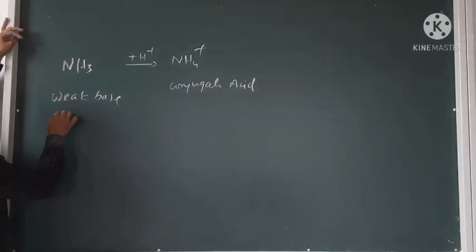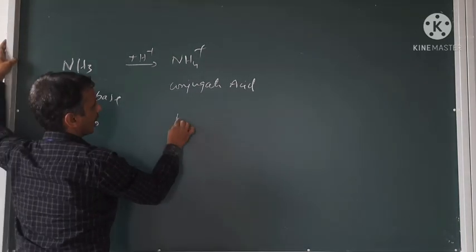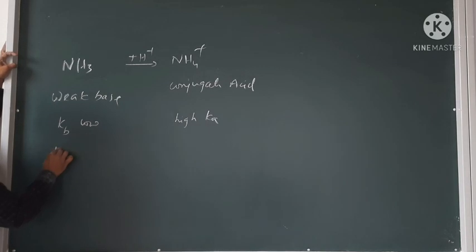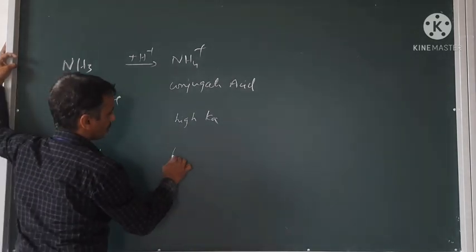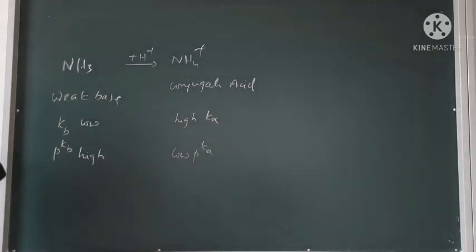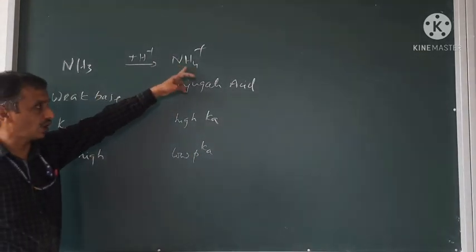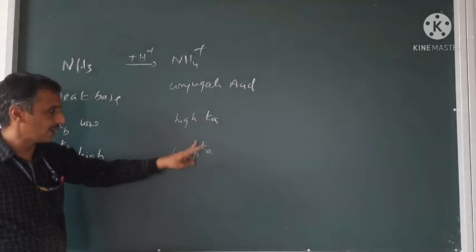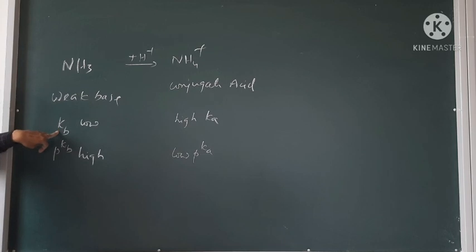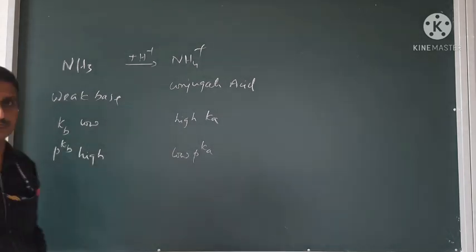So this has a low Kb value, whereas this has a high Ka value. This has a high pKb value, whereas this has a low pKa value. Note it properly. Strong acid: high Ka value, low pKa value. Weak base: low Kb value, high pKb value.